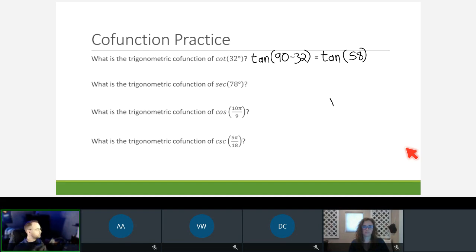All right, volunteer for the second one on this page. All right, Emily, go for it. How about number 3? Danica, number 3 and number 4. Don't be scared.